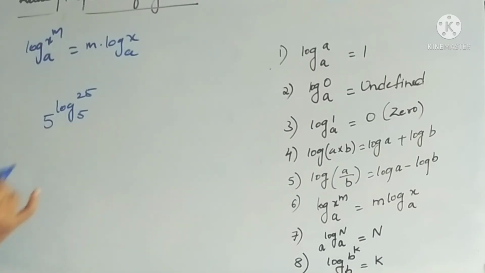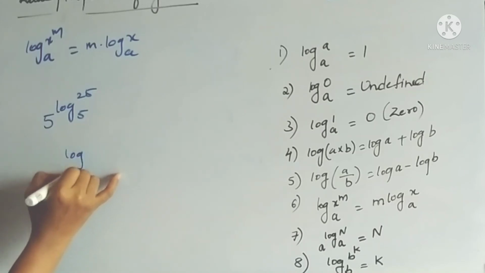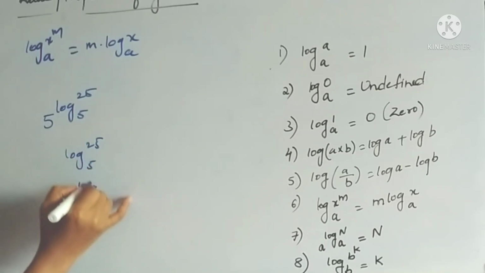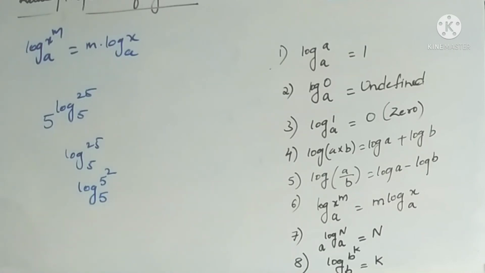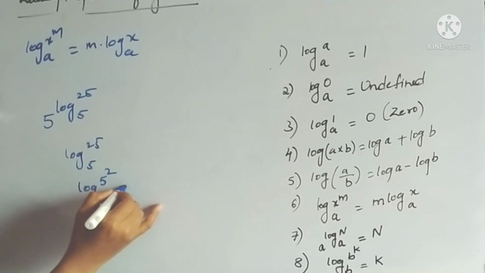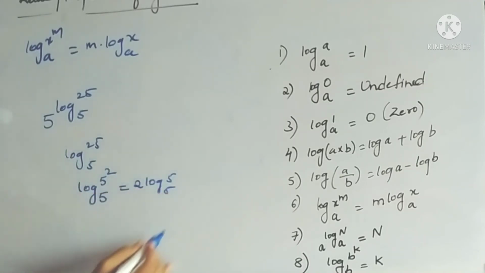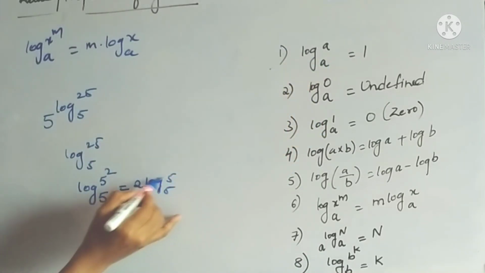5 power log 25 base 5. To find this, first, what is the power of 5 here? Log 25 base 5: we can write 25 as 5 square, so log 5 square base 5. Based on log x power m base a, we can write this as 2 log 5 base 5.